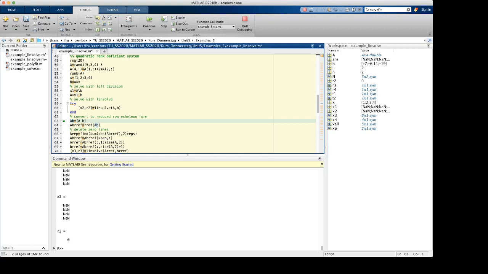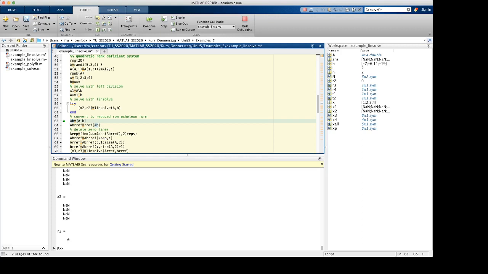We cannot trust this solution. So in this case, it's probably better to use linsolve because we get back the inverse condition number R2, and this tells us it's 0. It tells us that we do not have a valid solution. Now, how can we obtain a valid solution numerically in this case?